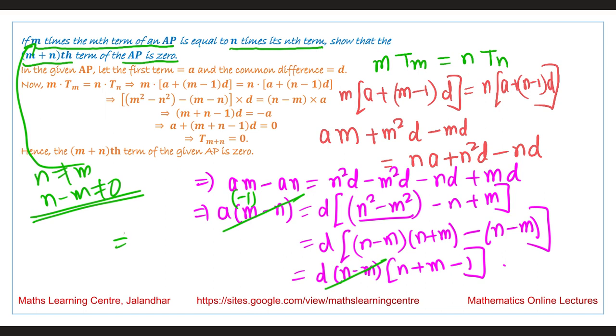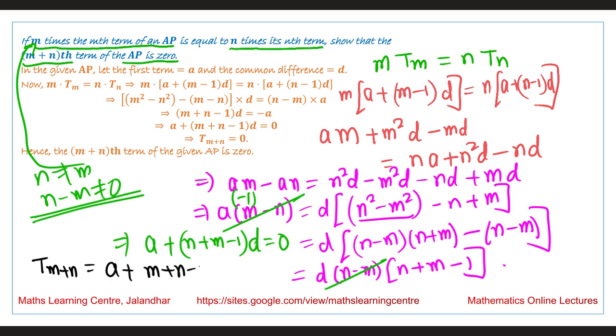So this implies that a plus (n plus m minus 1)d is equal to 0. Now suppose we are talking about the (m plus n)th term. It will be a plus (m plus n minus 1)d, and the value of this term is equal to 0.